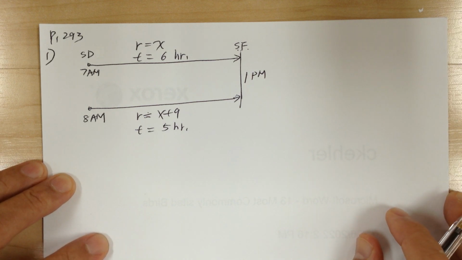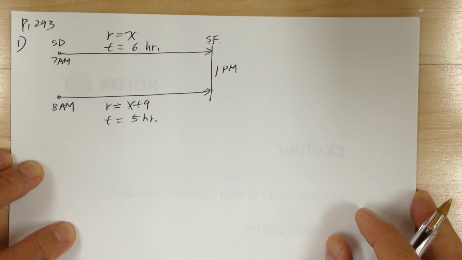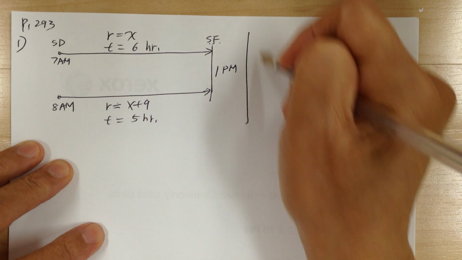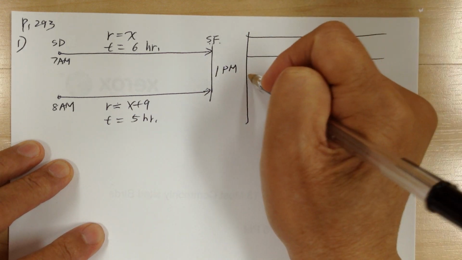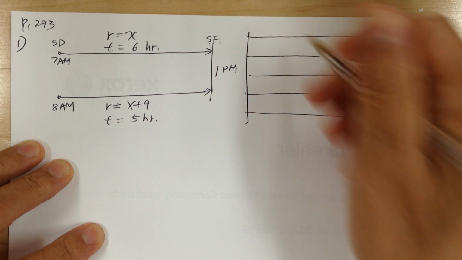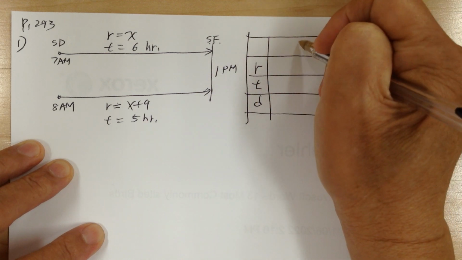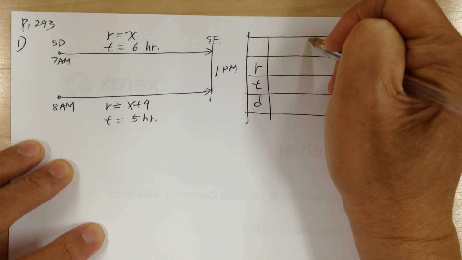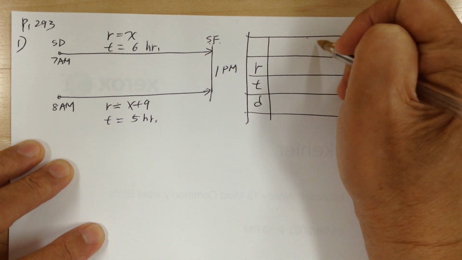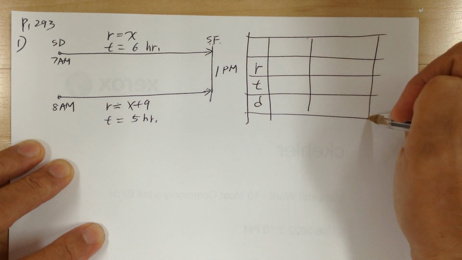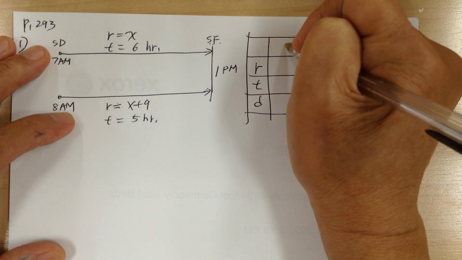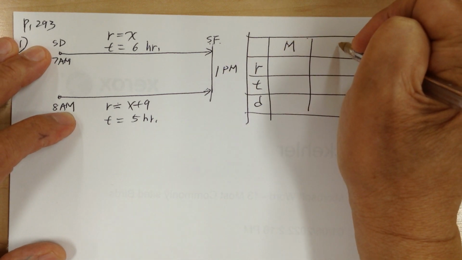Okay, so let's make the table for the motion problem. It's rate times time equals distance.